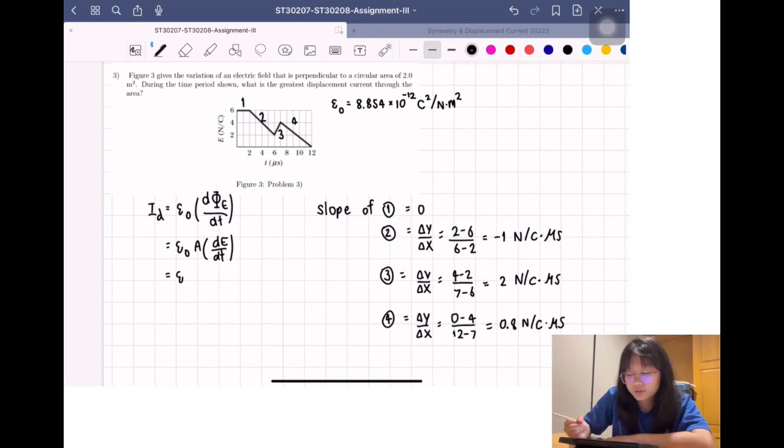find the displacement current, which is epsilon 0 A multiplied by 2 Newton per Coulomb microsecond.